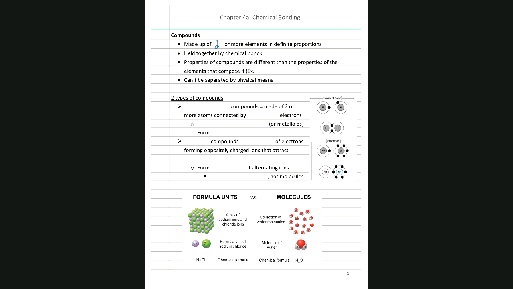It's always 2 hydrogens for every 1 oxygen. Those are definite proportions. Compounds are held together by chemical bonds, and we'll talk about the 2 types of chemical bonds, ionic and covalent. And properties of compounds are different than the properties of the elements that compose them.